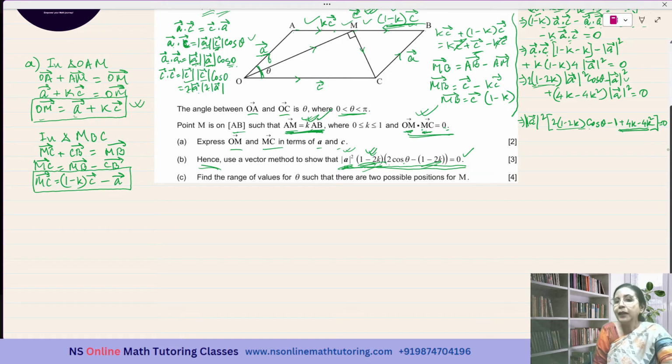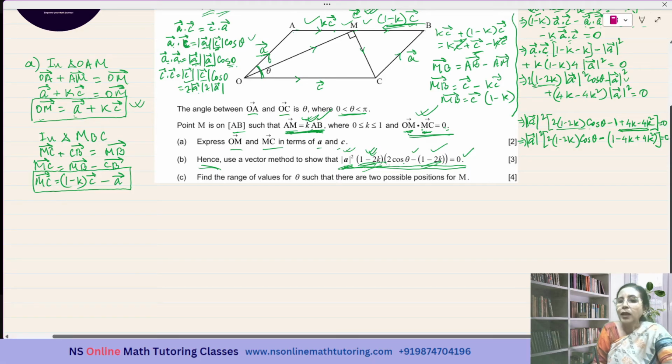So I'll be combining these two terms, or rather try to combine these two terms to get to 1 minus 2k whole square. Let's see if I can do that. So I am writing this as the magnitude of the vector A whole squared and 2 and 1 minus 2k cos theta, and there is the minus sign outside, so I am taking the minus sign outside, and it is 1 minus 4k plus 4k square is equal to 0.